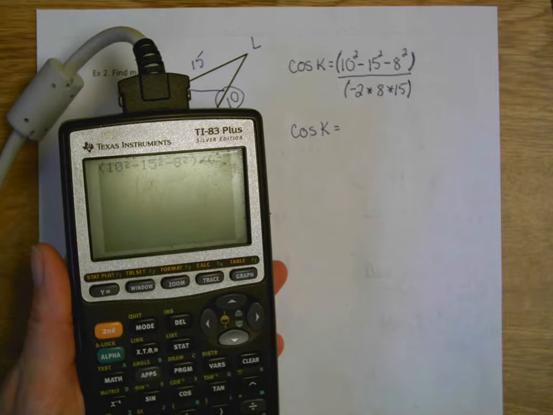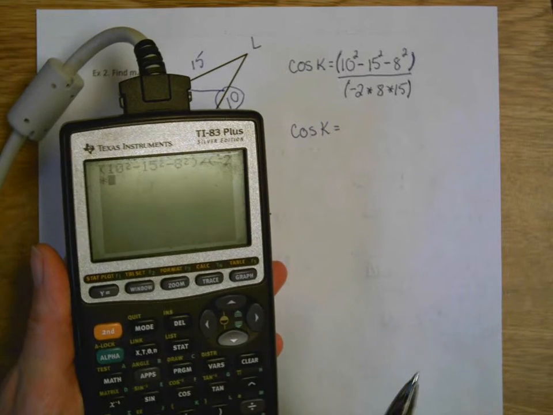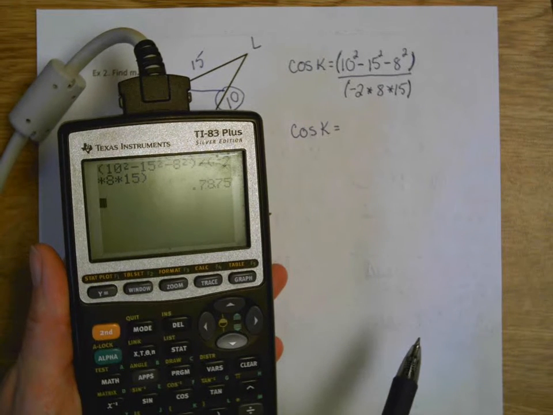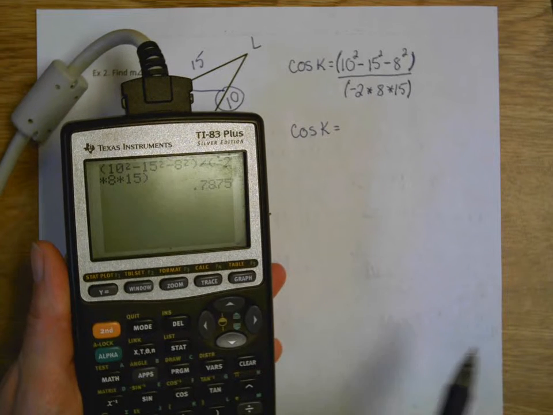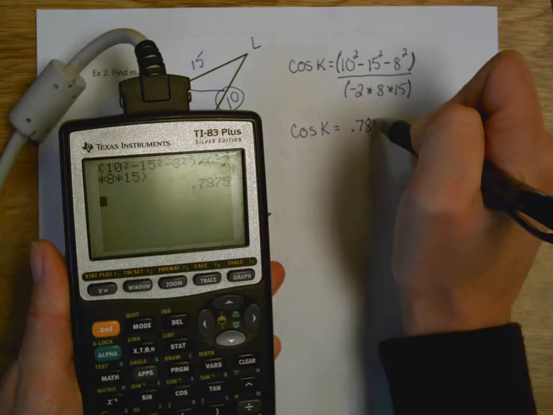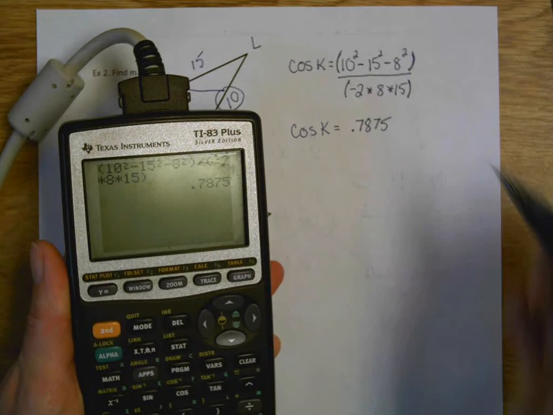Make sure you use a -2, not the subtract key. I get 0.7875. Got that, Heavenly? All right.